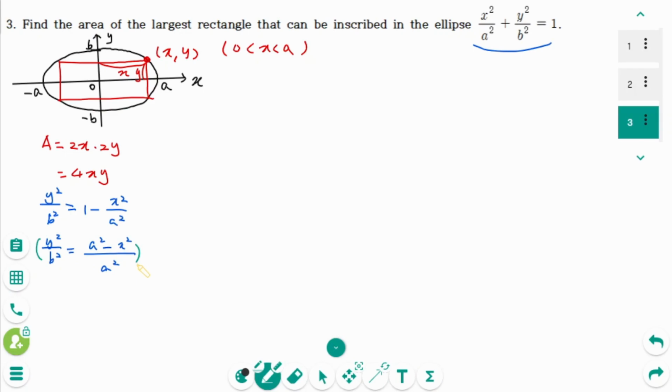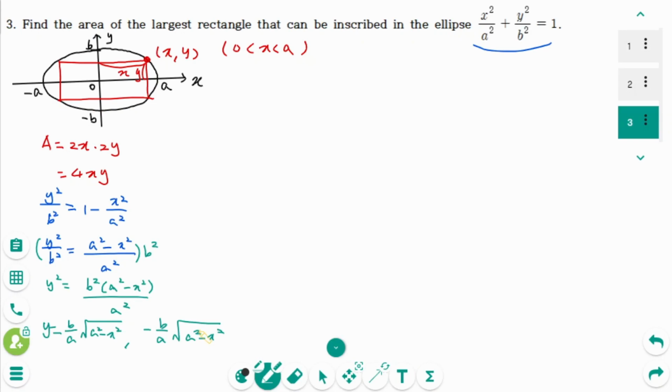Then times b squared on each side, y squared equals b squared times (a squared minus x squared) over a squared. y equals b over a times square root of a squared minus x squared, or minus b over a times square root of a squared minus x squared.